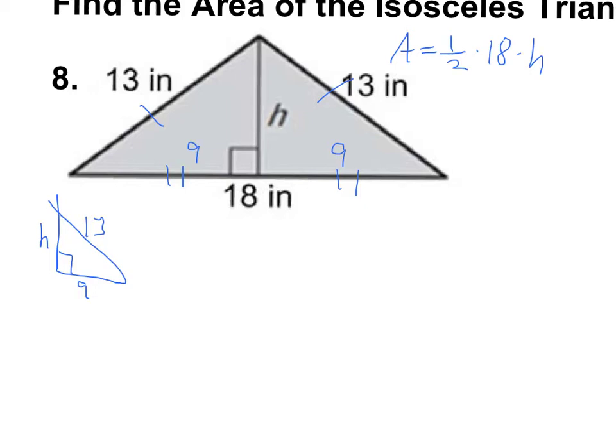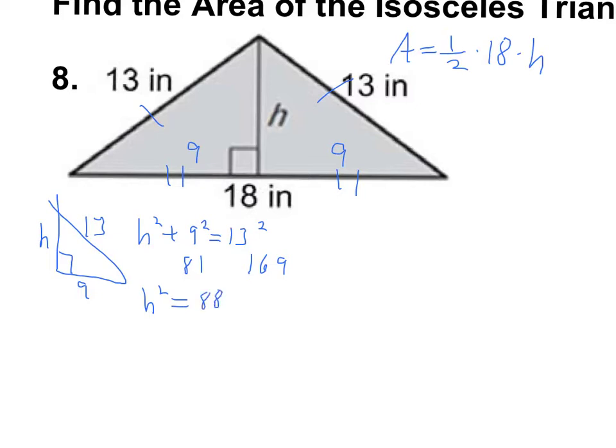And now we have a right triangle that we can solve to figure out the height. So I'm going to set this up. h squared plus 9 squared equals 13 squared. 9 squared is 81. 13 squared is 169. And 169 minus 81 is 88. So h squared equals 88.